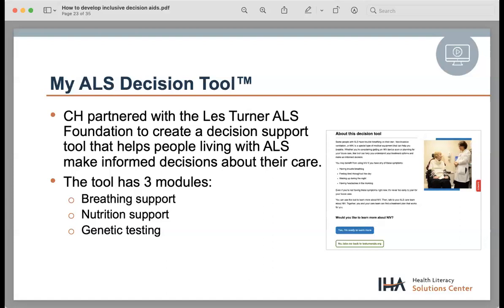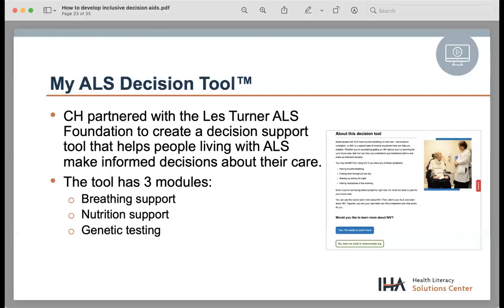People living with ALS can get genetic testing to learn more about the reason why they may have developed ALS, if there is a genetic cause for their particular case. And often, based on their genetic testing results, people can find different treatment options that are better suited for their particular needs, or potentially they may be eligible to join a clinical trial or research study, which could also expand their access to treatment options that are being tested.